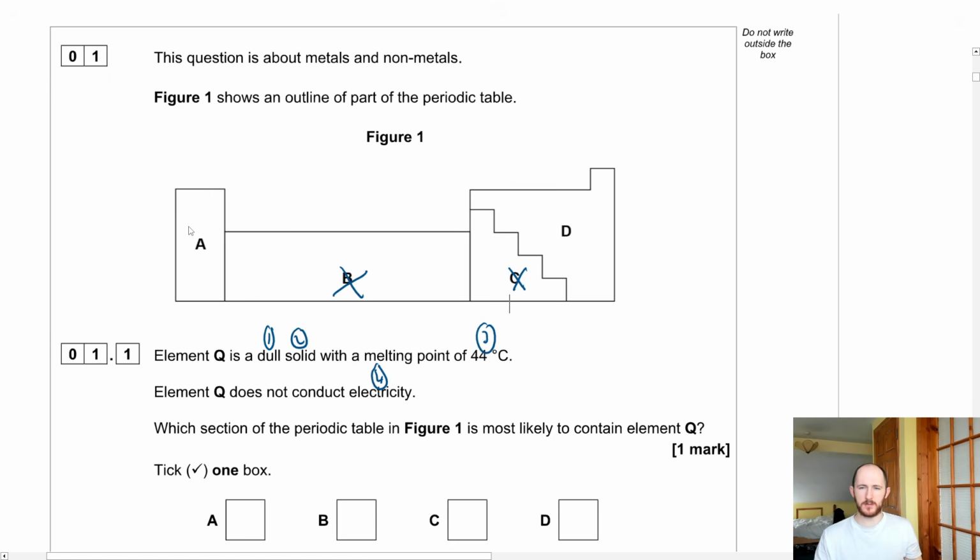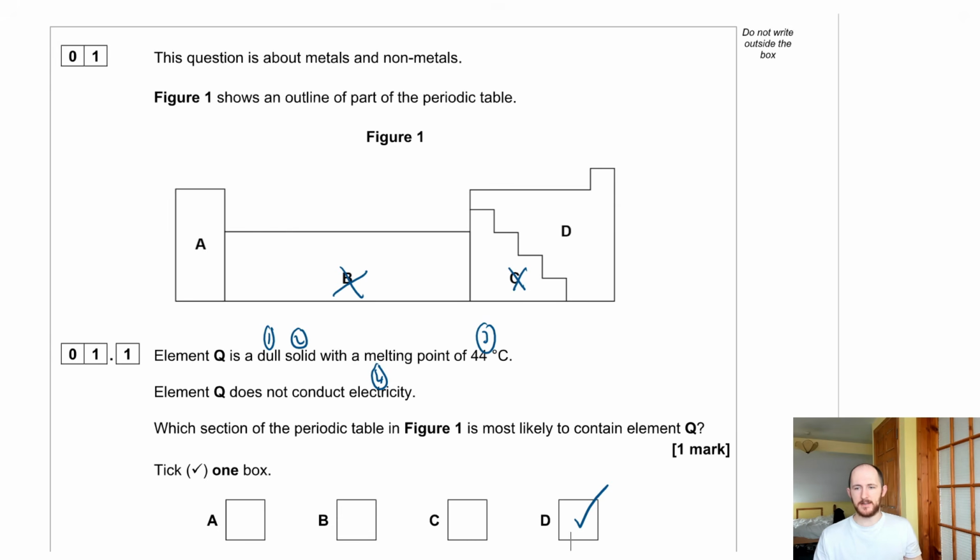The liquids are towards the middle, and then most of the table is actually solid. B and C are all solids, but we've already gotten rid of those because we know that they're not metals. With A, because we have a lot of gases and liquids on this side, it's going to be D that is most likely to contain Q, because everything here besides the helium is a solid at room temperature.